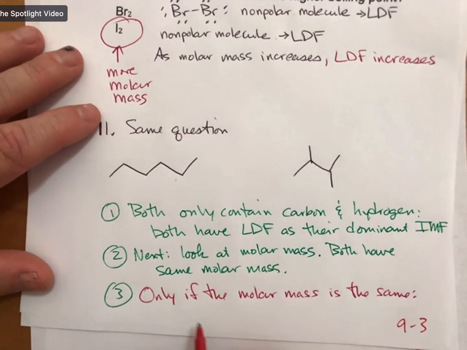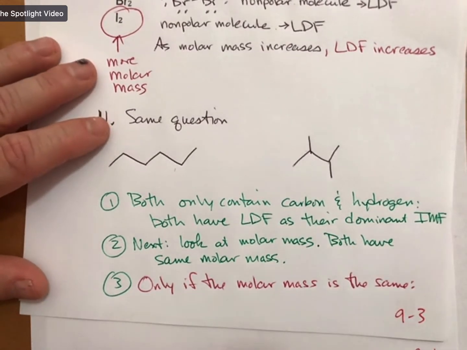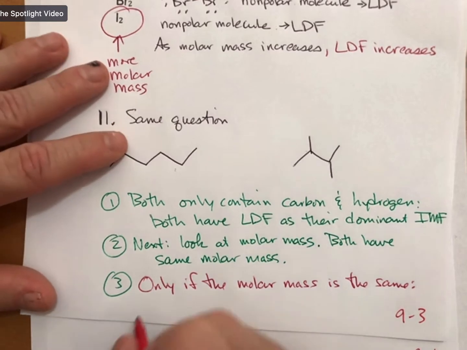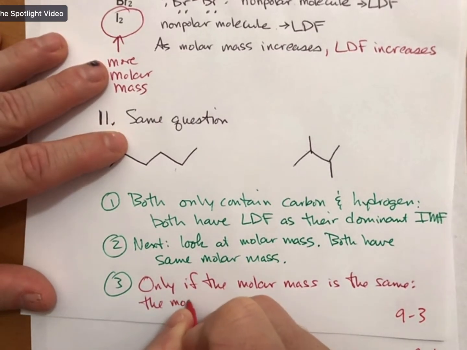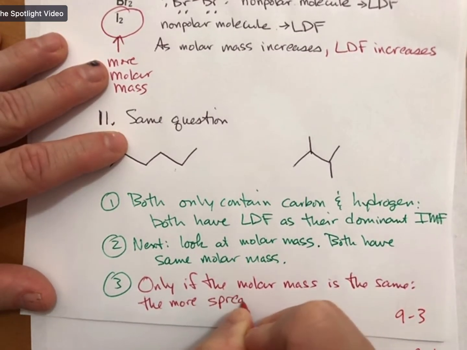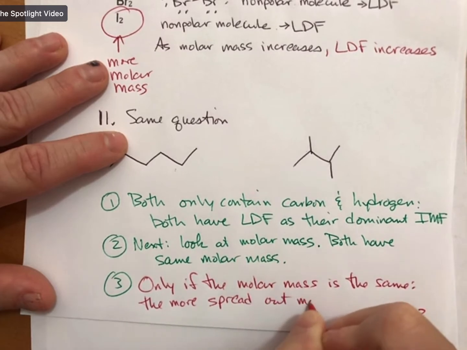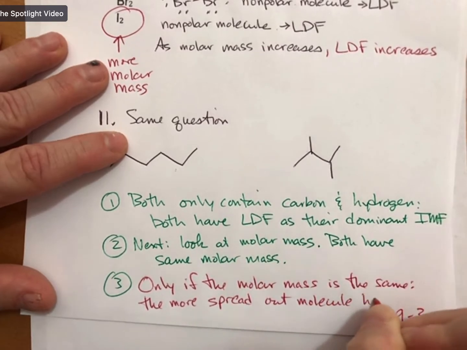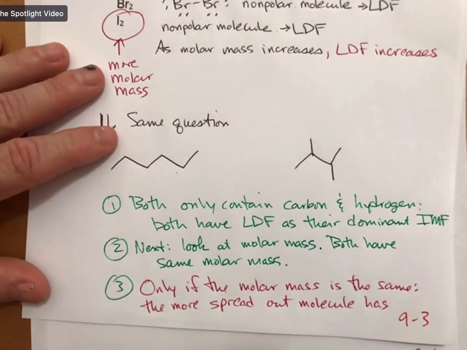And so I think I'm going to write it as the more spread out molecule has larger IMF.